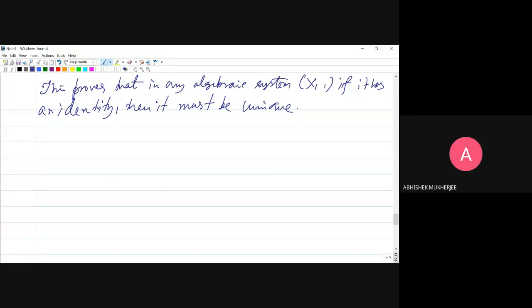So in any algebraic system (X, dot), if it has an identity, then it must be unique, just by using the definition of identity and the binary operation. Okay. So in a monoid, the identity is unique. Fine. Okay. So I should stop here.